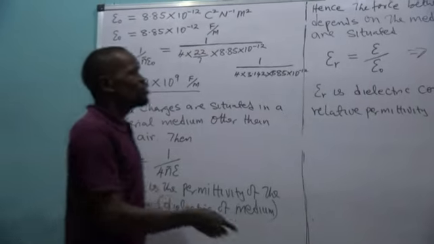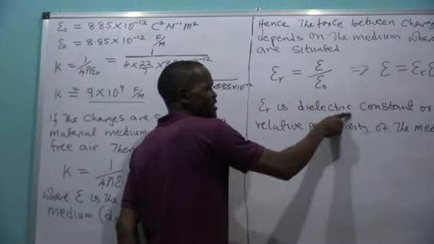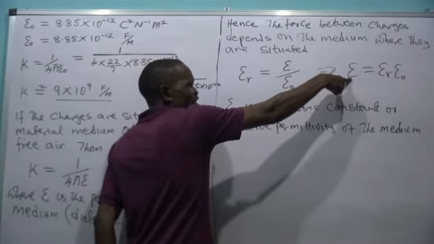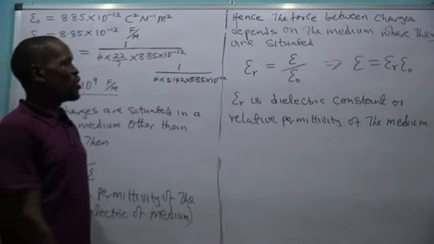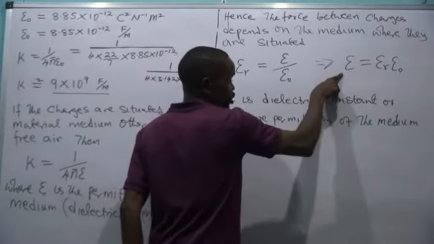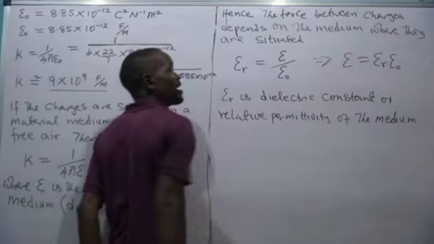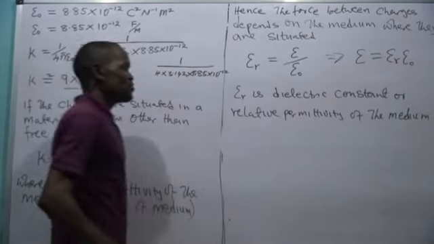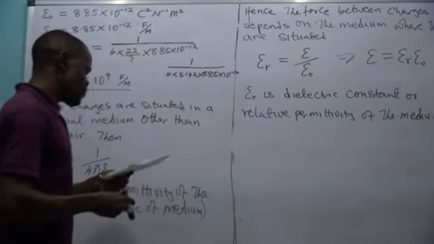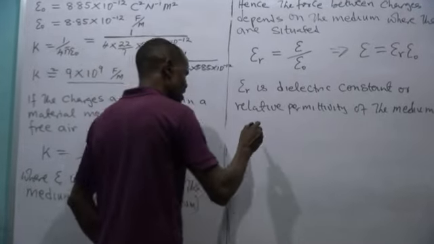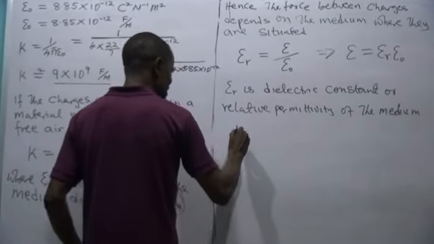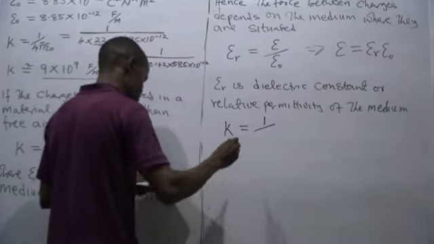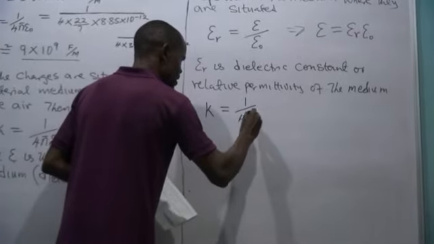So in a situation where they give me the dielectric constant and I need to know the permittivity of the medium where the experiment is done, I will say epsilon is equal to epsilon r times epsilon 0. So when I multiply these, I will have this value. From this, we have that K is equal to 1 over 4 pi epsilon.